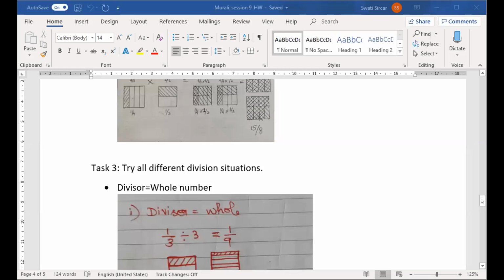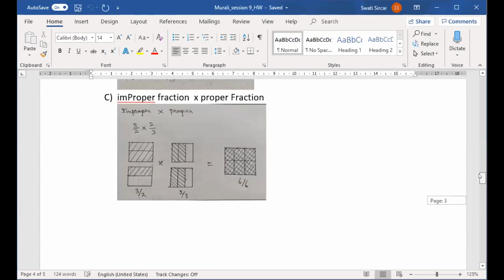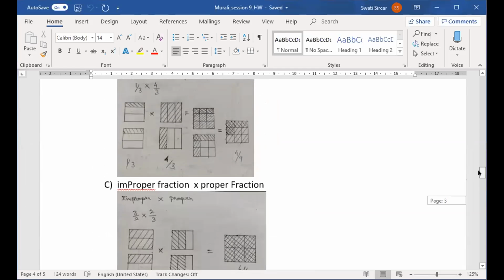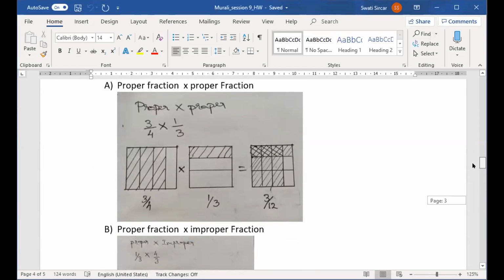Okay. So we'll talk about the fraction multiplication and division first and then go into the divisibility rules. Now, the multiplication part I think is more or less okay for most people. However, certain things could be done better. So, for example, if you look at this, up to here it is fine.